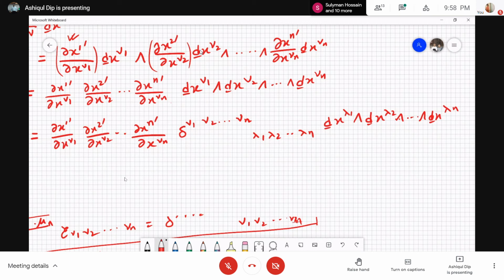Should there be a 1 by n factorial type thing? Did I miss something? You mean? No, I think that's the correct expression.